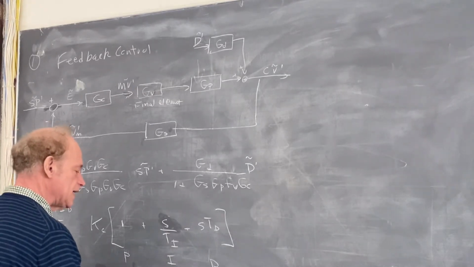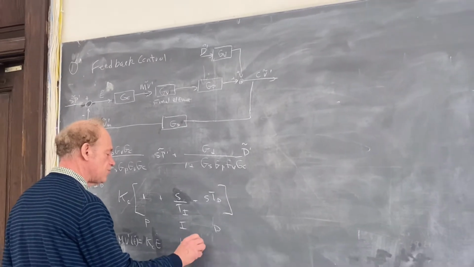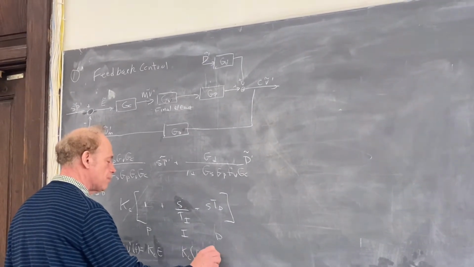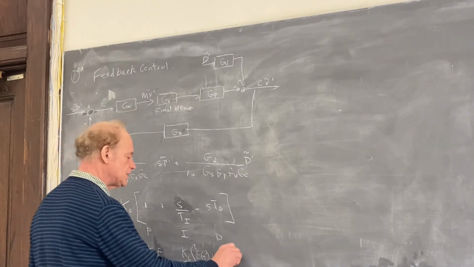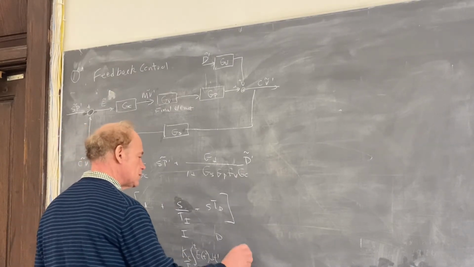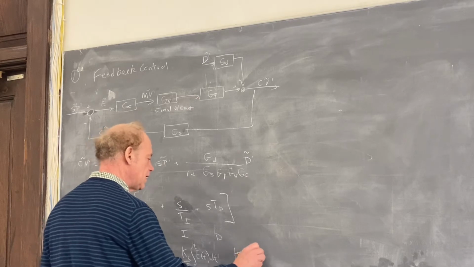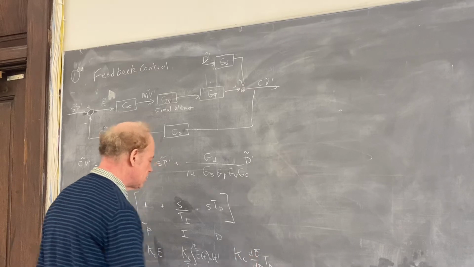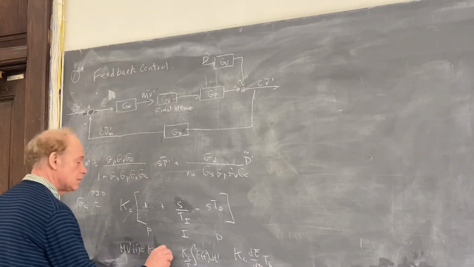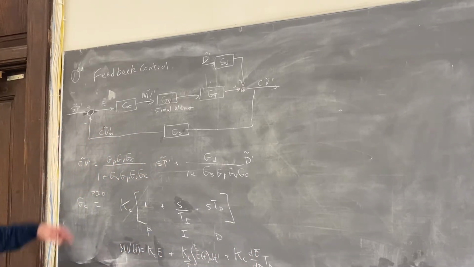And this was KC times the integral of E of t prime dt prime divided by TI. And this was KC times dE/dt times TD. Where E was the difference between SP and CV measured.